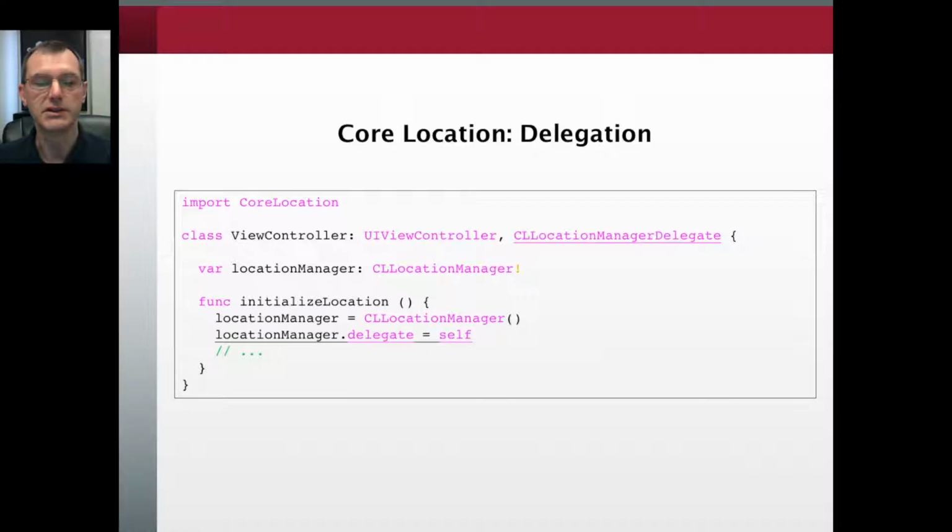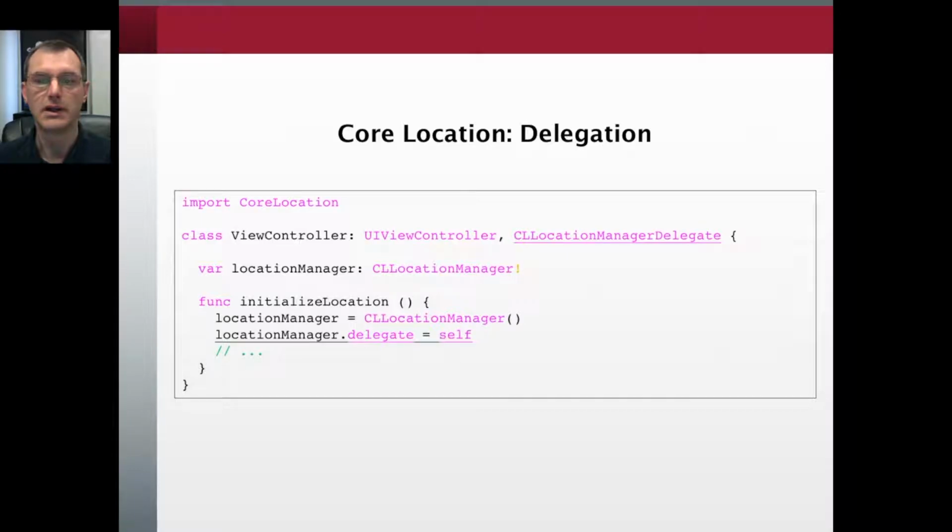The other thing that we need to do is to tell the location manager where the delegate is. We've already created an instance of the location manager, but the step that we need to add is setting the delegate of that location manager to self. What that means is that the delegate is in fact this class, the very class that it is being allocated in. So self is just a designator for the current class instance.